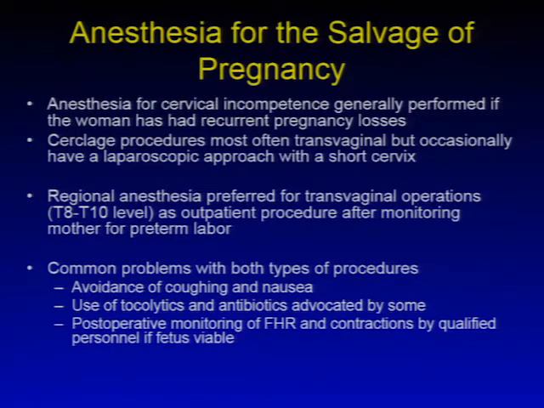Briefly, in one slide, we're going to touch on anesthesia for the salvage of pregnancy. Anesthesia for cervical incontinence is generally performed if the woman has had recurrent pregnancy losses. The most common cerclage procedures are performed transvaginally, but occasionally there will be a laparoscopic approach for a woman who has a very short cervix that will require a general anesthetic.